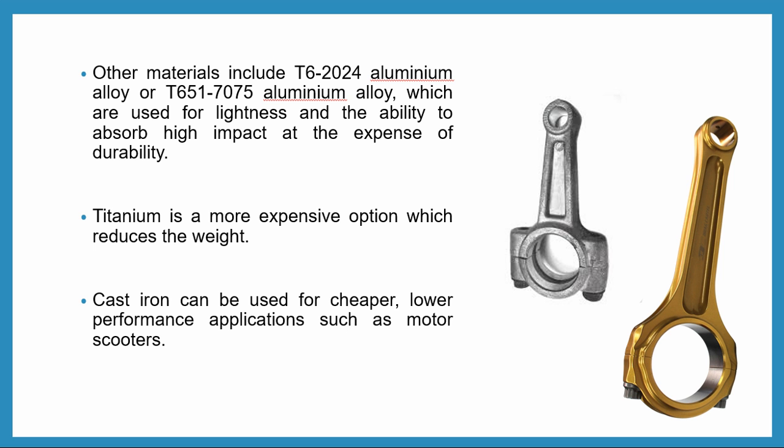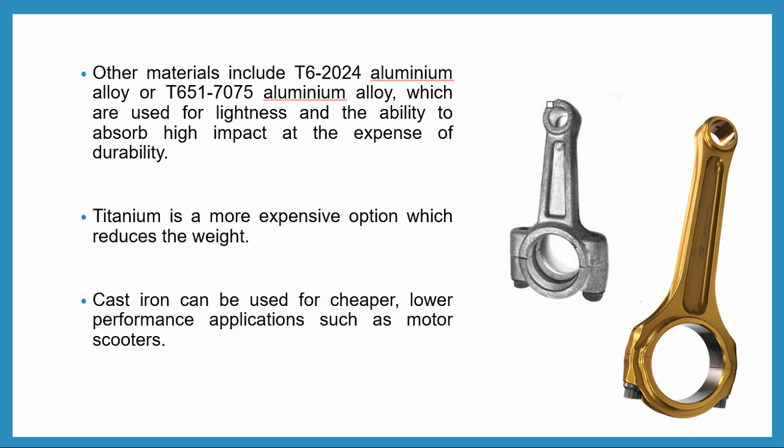Here you can see in this picture a connecting rod made of an aluminum alloy, known as T6 2024 aluminum alloy or T651 7075 aluminum alloy. These are used for their lightness and ability to highly absorb impact, at the expense of durability. So these are the materials used in the connecting rod.